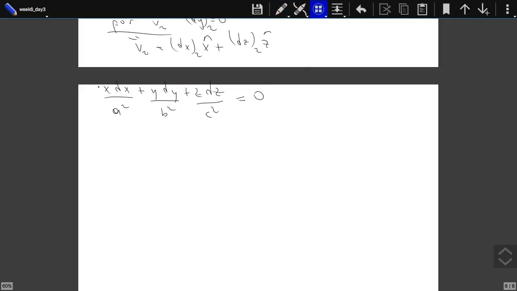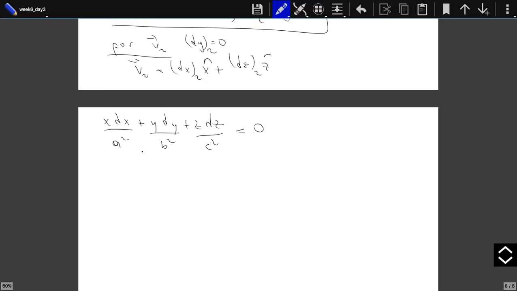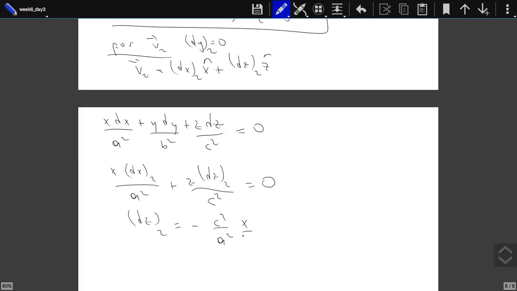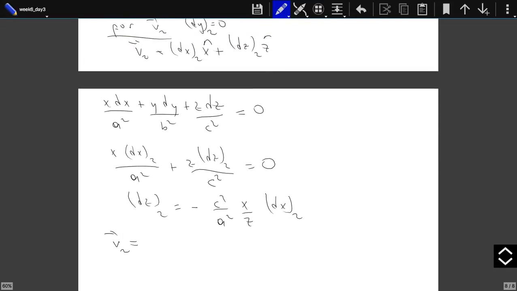But this time, dy is 0, so x times dx2 over a squared plus z times dz2 over c squared is equal to 0. So dz2 is equal to minus c squared over a squared x over z times dx2. So we now know what v2 is also. v2 is equal to dx in the x direction minus c squared over a squared x over z dx in the z direction.